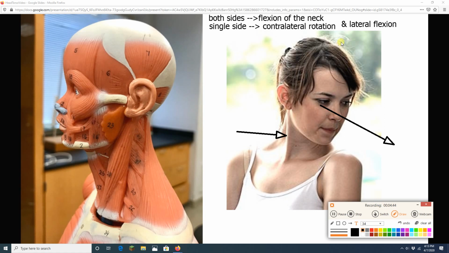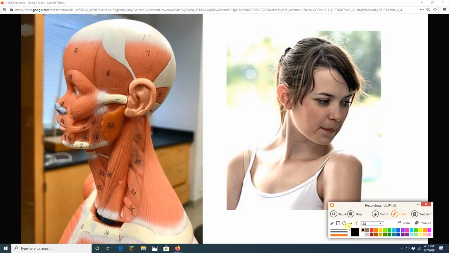All right, that is our sternocleidomastoid. But there is another muscle of the neck that we got to be aware of. The other neck muscle we got to know is this guy right here. This guy right here is the splenius capitis. The splenius capitis is kind of like the sternocleidomastoid.